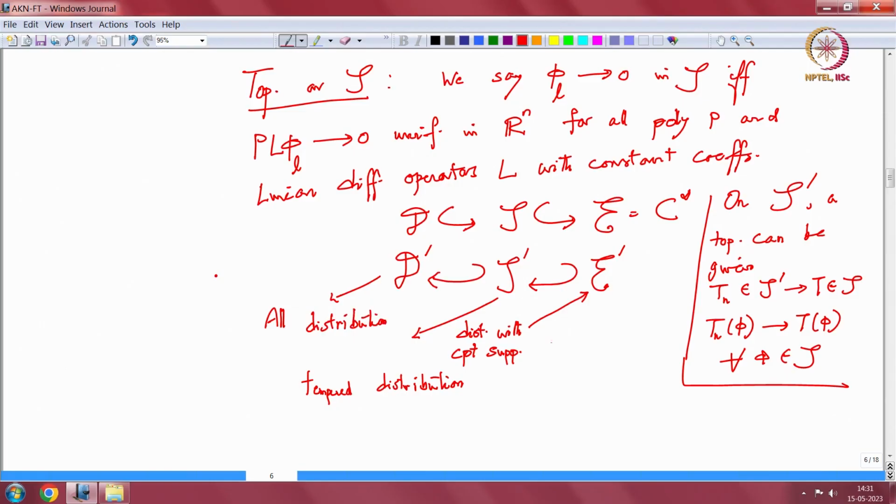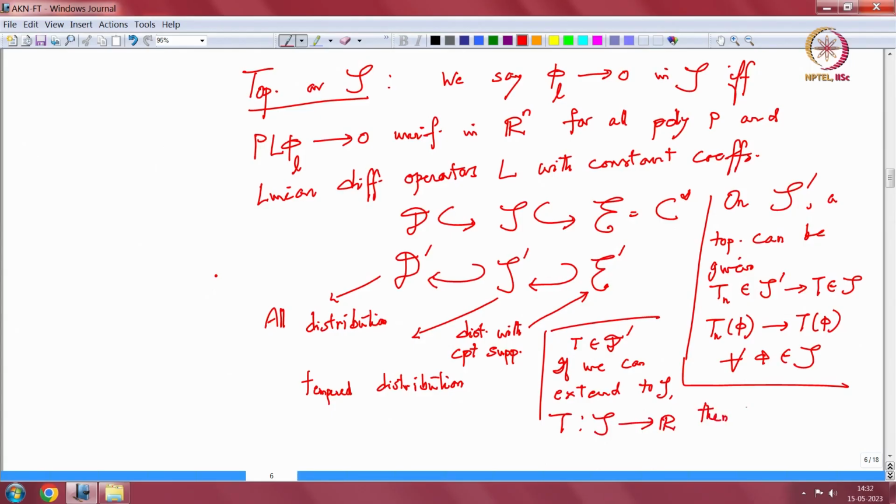That means when a distribution T is in D prime, if we can extend T to S, a continuous extension, then T is a tempered distribution. That is the way you will see. Only those distributions which can be extended to S are called tempered distributions.